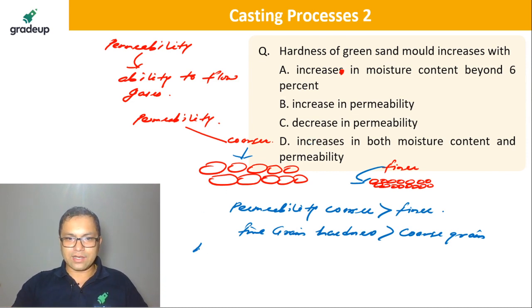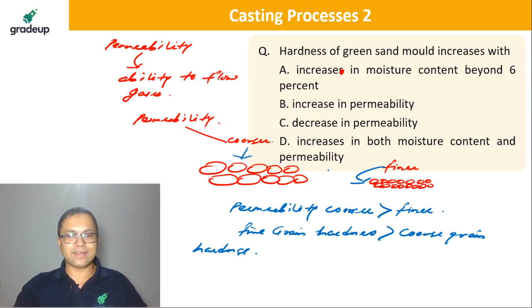Isn't it? Yes. So can you tell me the relationship of hardness and permeability here? So which one should it be? Decrease in permeability will have increase in hardness, is it?